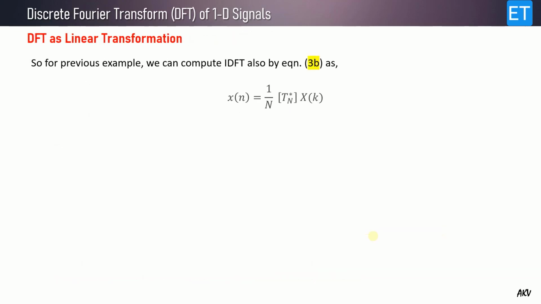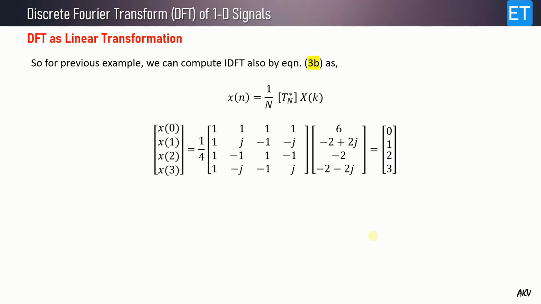Now let's do this example. These DFT values we have already found in the previous slides. Simply substitute the Xk, the DFT values, here. This is the complex conjugate of that Tn. You can see it was minus j, and it was plus j in Tn, so the signs are just changed.